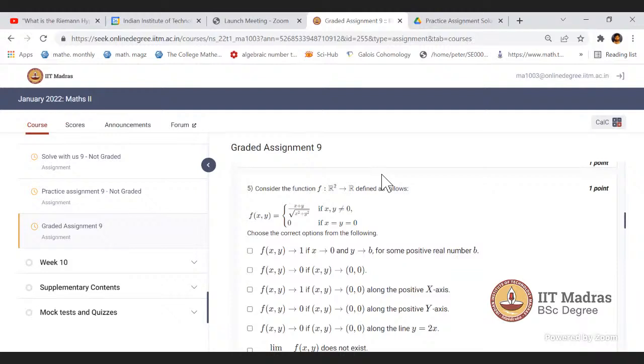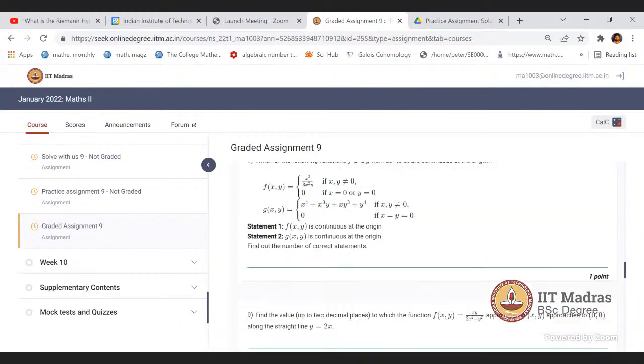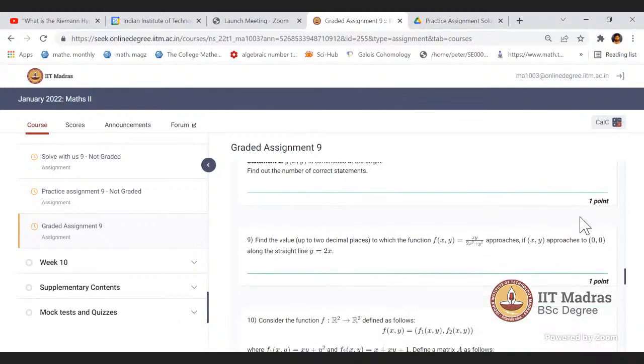Question number 9. Just a minute. Yes. So I had a different question, and it was written y equals minus 1x, minus 2x in my case. So is that equivalent to y equals minus x?